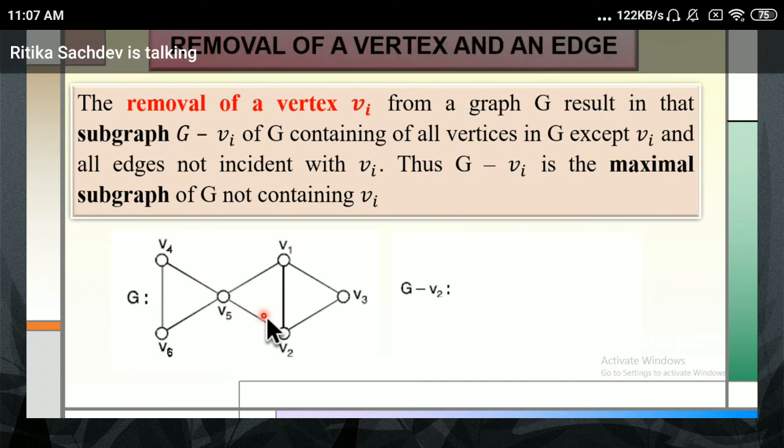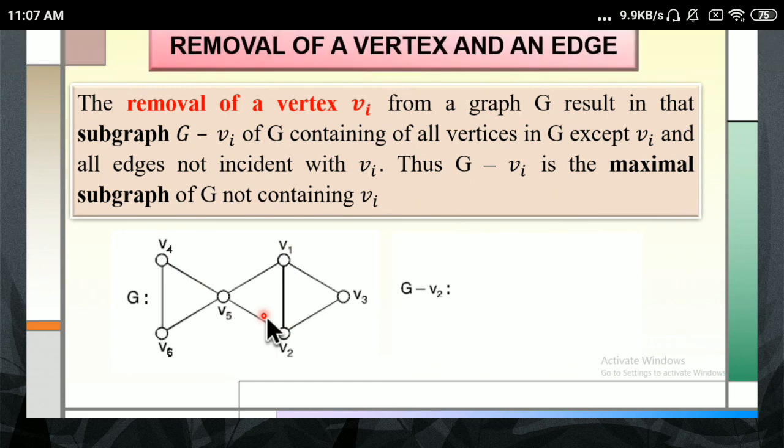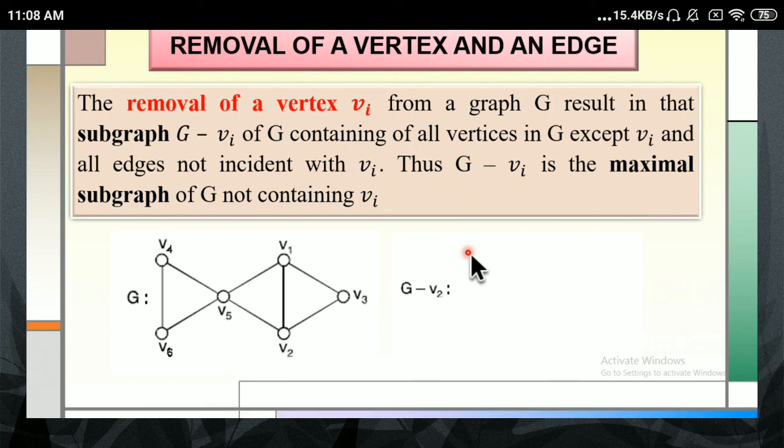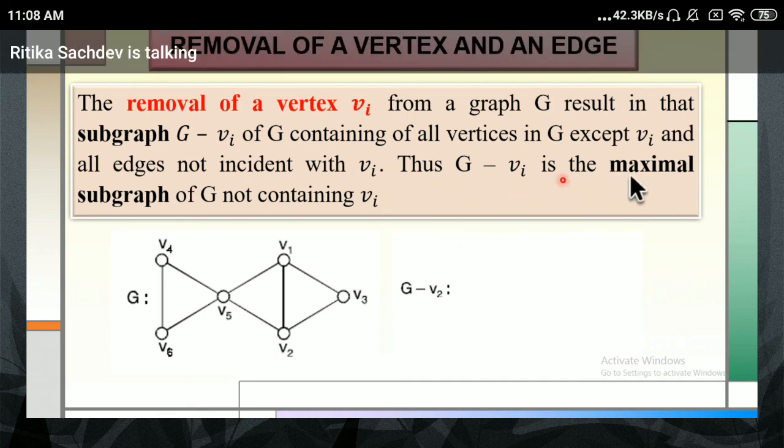Take pen and paper and draw the G minus V2 graph. Did you draw that graph?